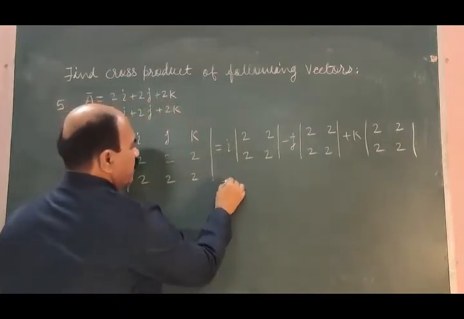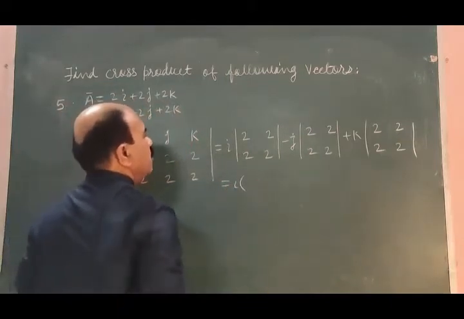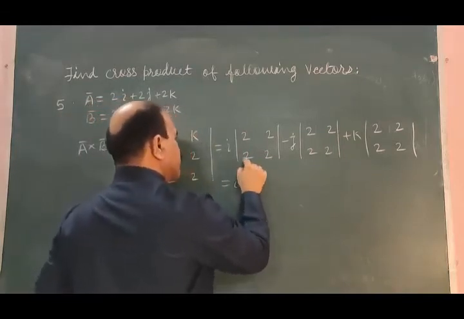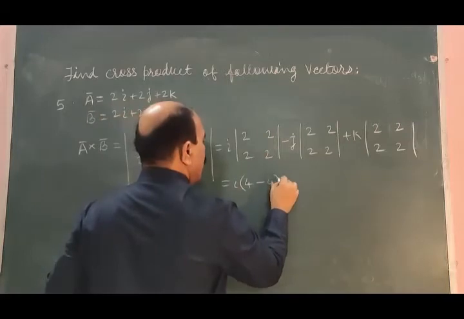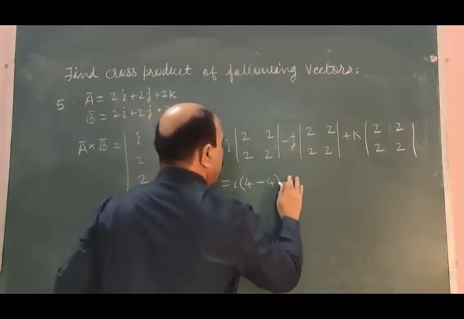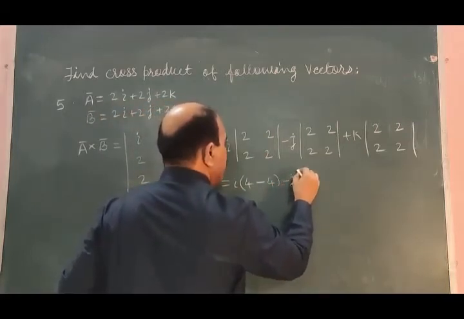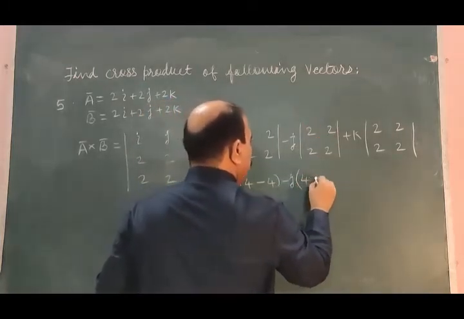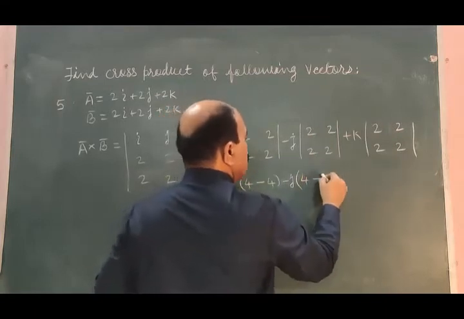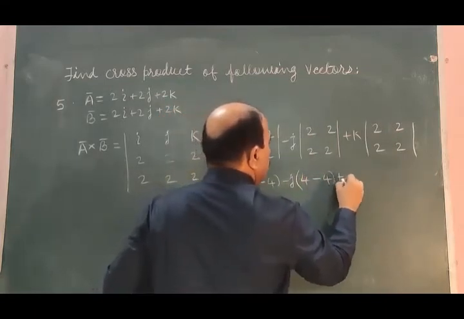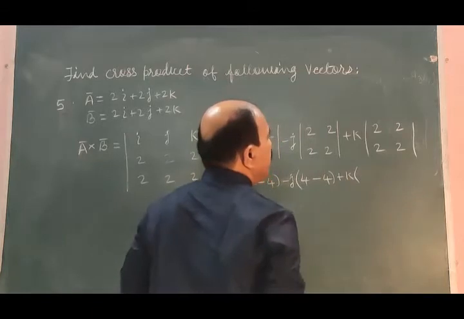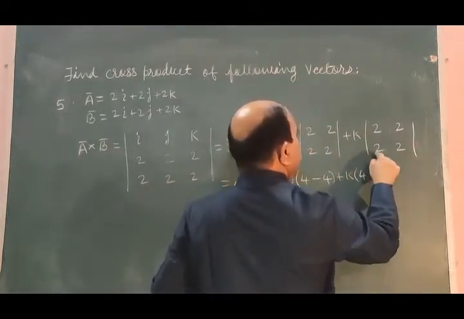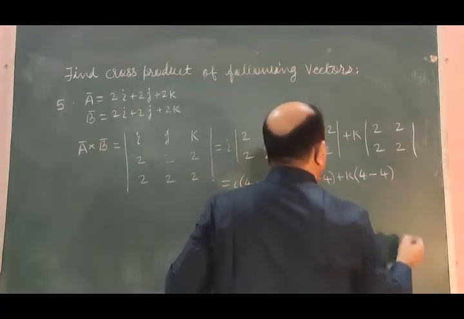This is equal to i into (2 2s are 4 minus 2 2s are 4), minus j into (2 2s are 4 minus 2 2s are 4), plus k into (2 2s are 4 minus 2 2s are 4).